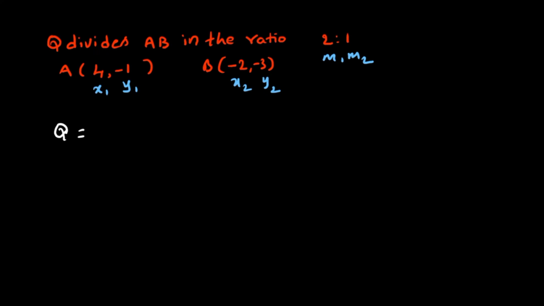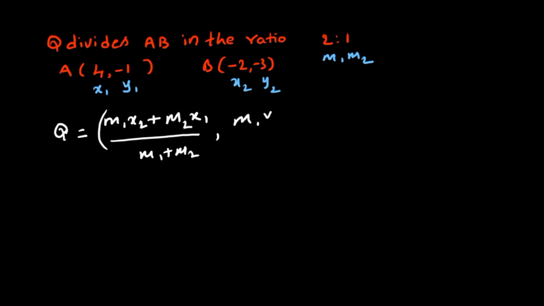So the formula is (m1 x2 plus m2 x1) divided by (m1 plus m2), and (m1 y2 plus m2 y1) divided by (m1 plus m2).